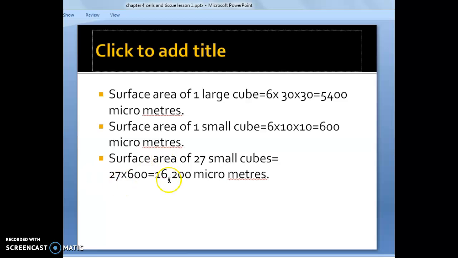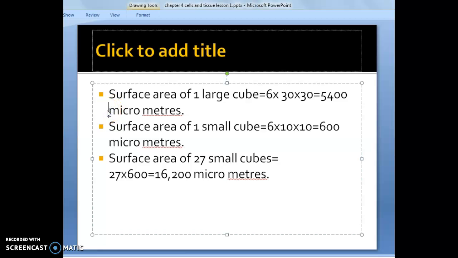So the calculation for the same figure which has been shown above: surface area of one large cube equals 6, for the 6 sides of the cube, times 30 into 30, meaning length into breadth, where 30 is the length of one side. So the answer will be 5500 square micrometers. Right? I have to add here square micrometers.